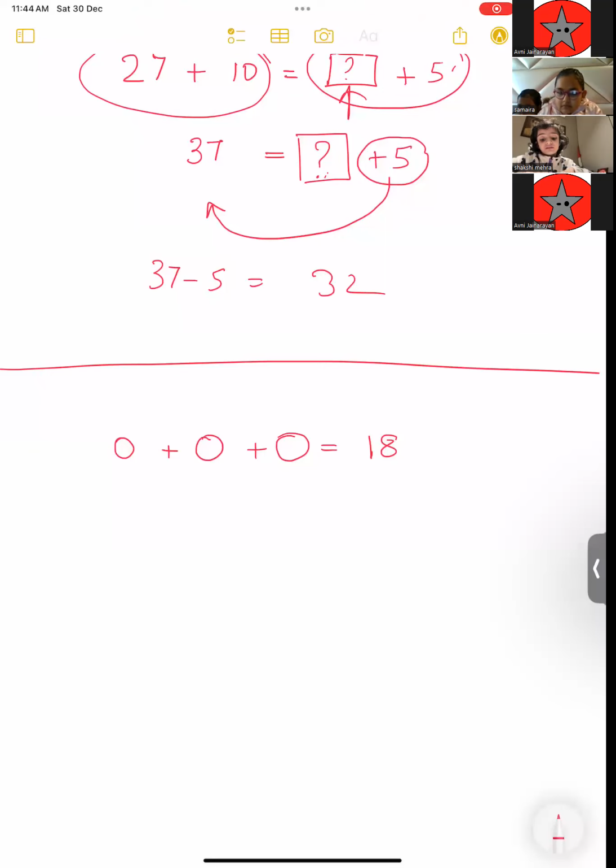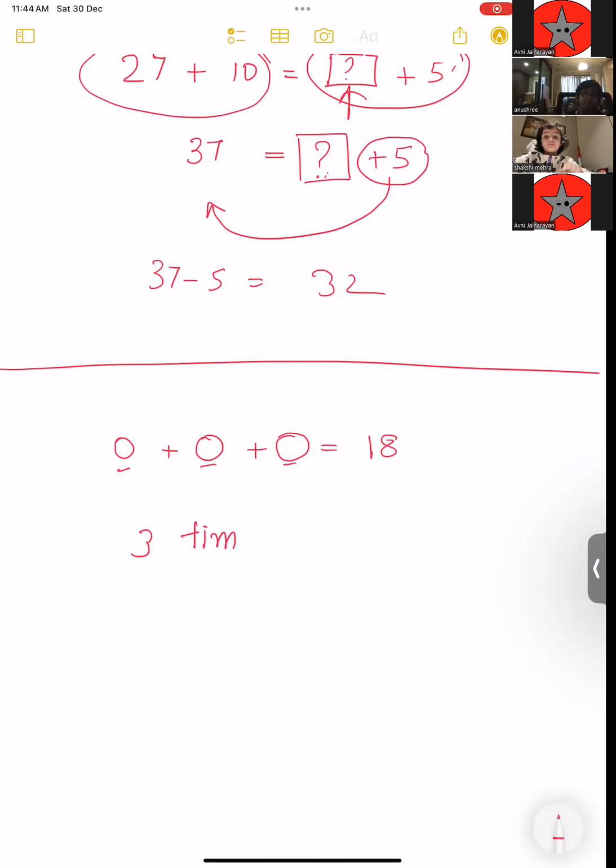Now we see that the circle is getting repeated. Last class I explained how to convert a repeated addition into a multiplication statement. Do you remember that? What is getting repeated? Circle. How many times can you see the circle getting repeated? 3 times.